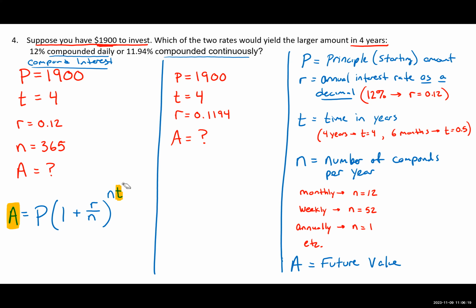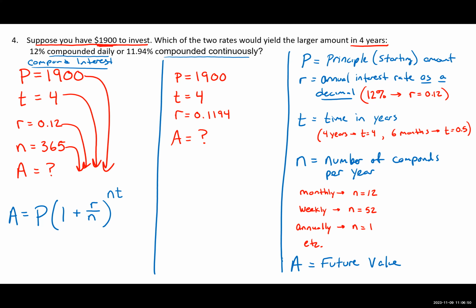So what we're basically doing is, let me use red, we're taking the numbers that are given in the problem and plugging them into the formula. Replace P with 1900, replace T with 4, replace R with 0.12, replace N with 365.